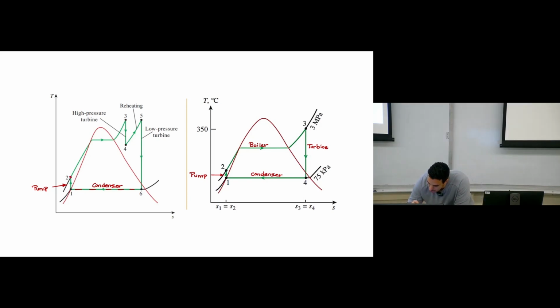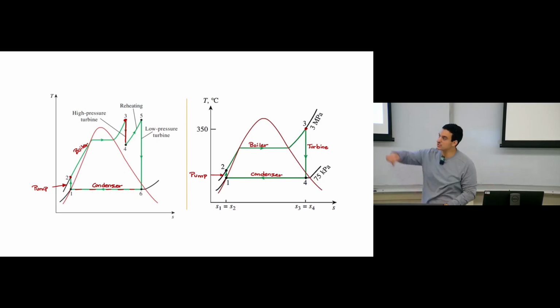From point number 2 to point number 3, this represents the boiler, right? So we still have the boiler here. Here, the outlet of the boiler goes to the turbine and we have expansion. As long as it goes down isentropic, this means we have an expansion happening inside the turbine, right?